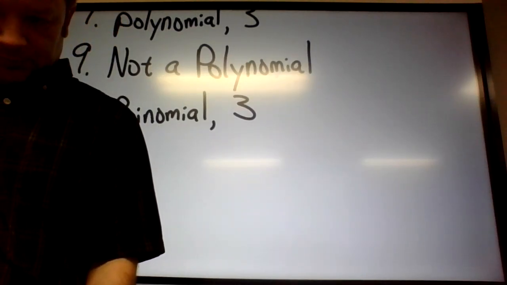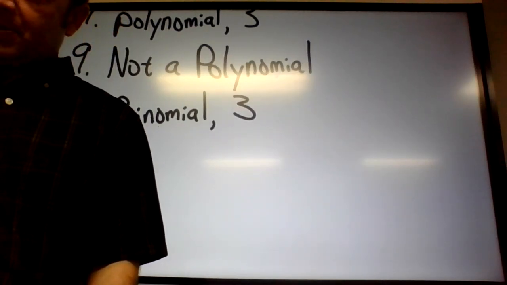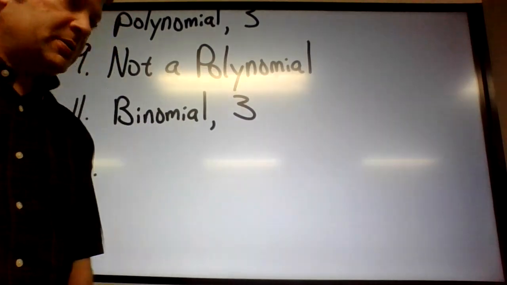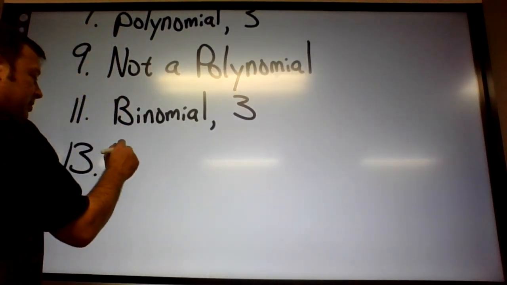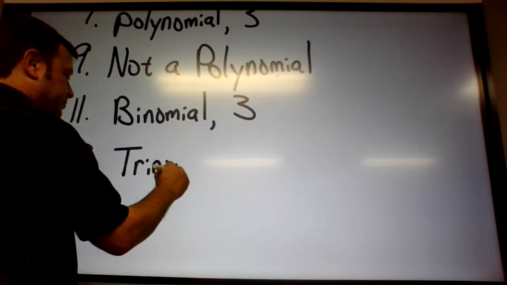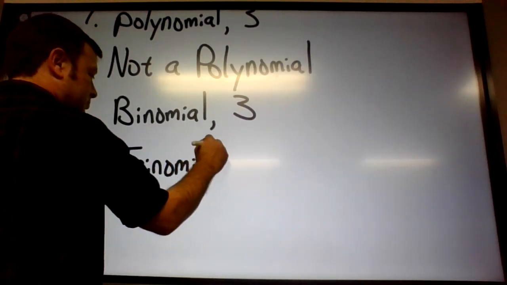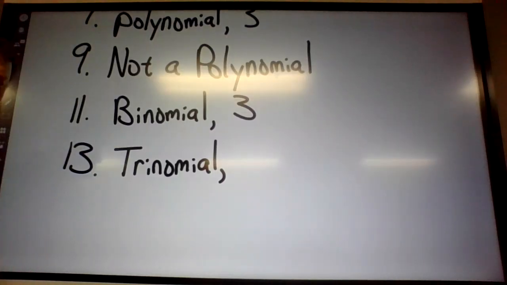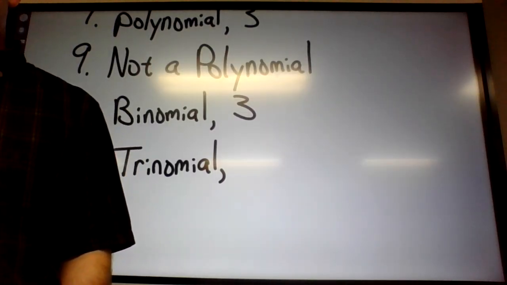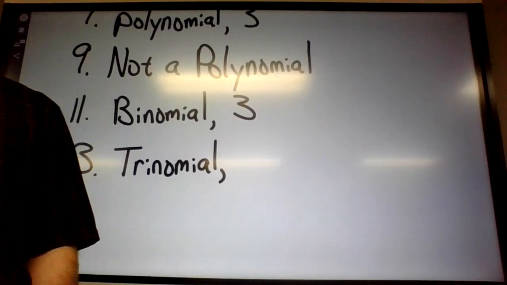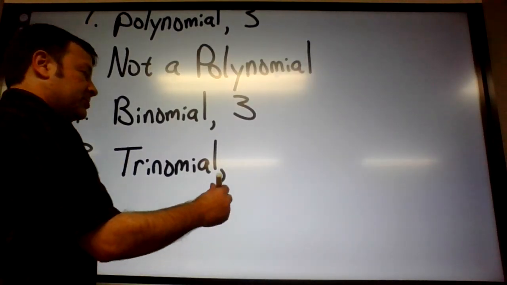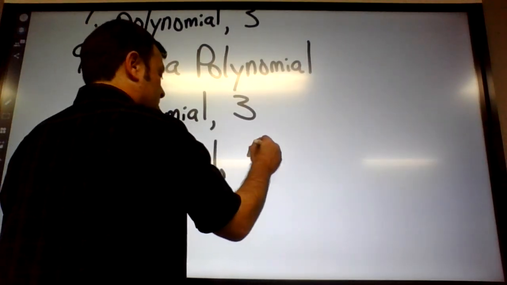Okay, it's not dividing by a variable. So it's a trinomial, there's 3 terms. Okay, what is the degree? 5. See where she got that? 2 plus 3 on the exponents on the first term.